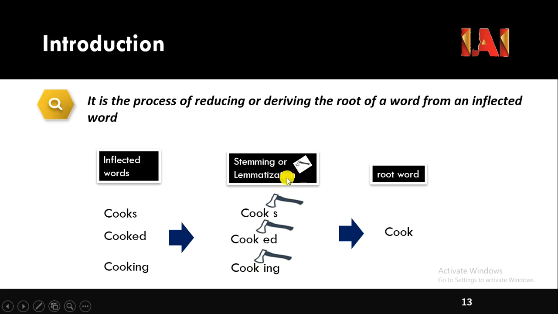When you apply lemmatization on these inflected words, we call the derived word a lemma instead of a root word. In the case of stemming, the derived word is a stem, and here it is cook.